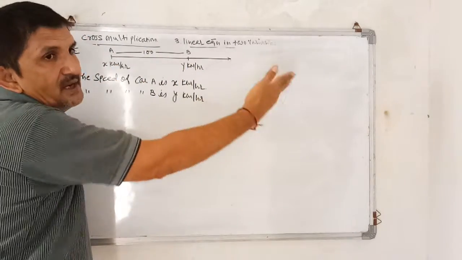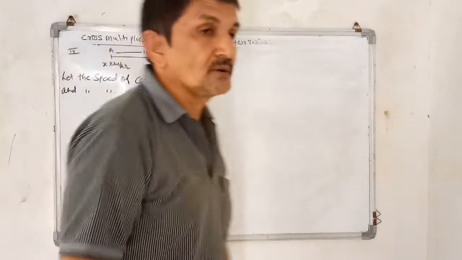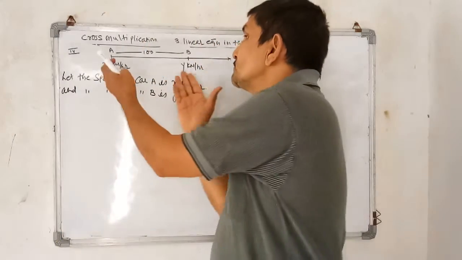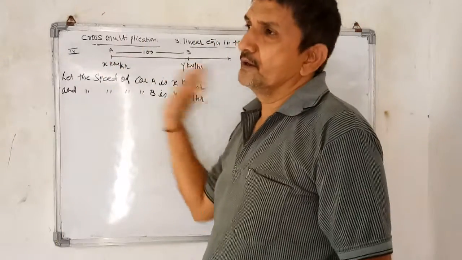So when they are moving in the same direction, for finding the time, we have to subtract the speeds.